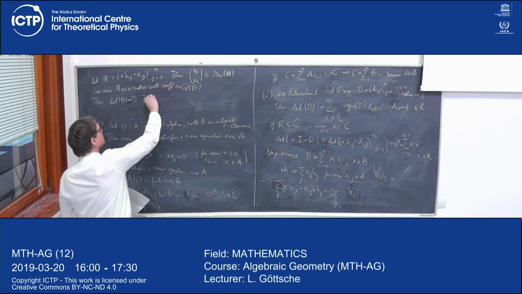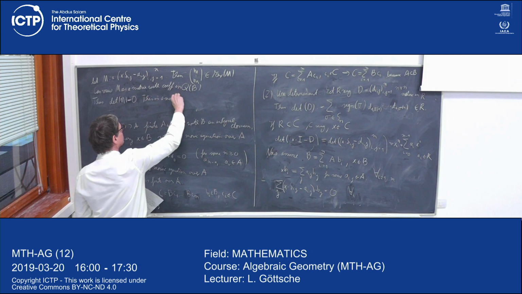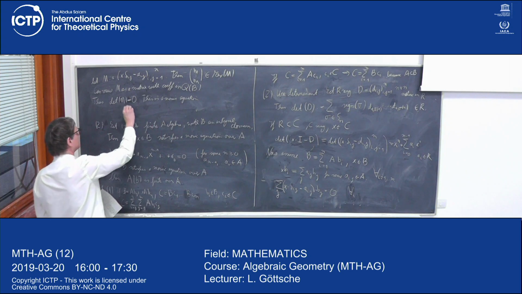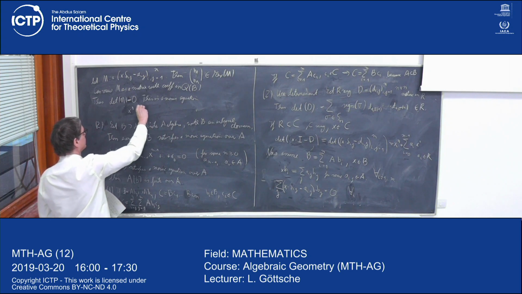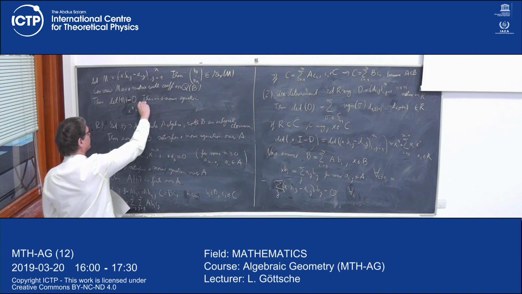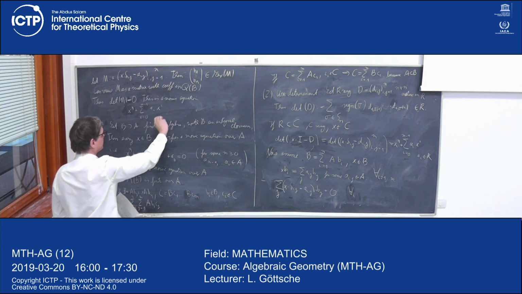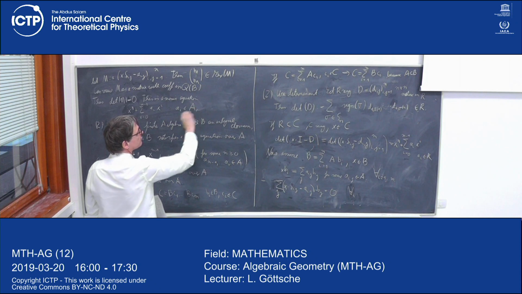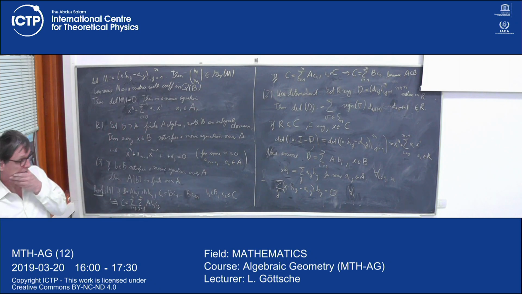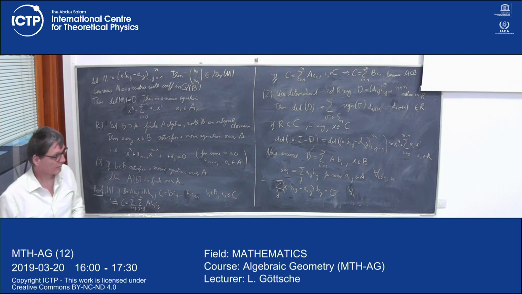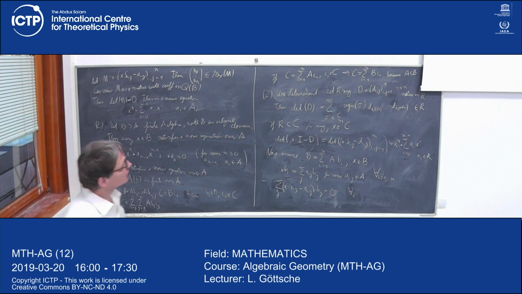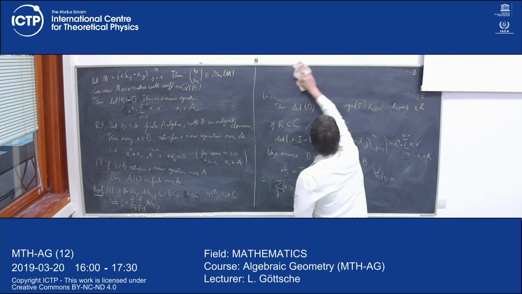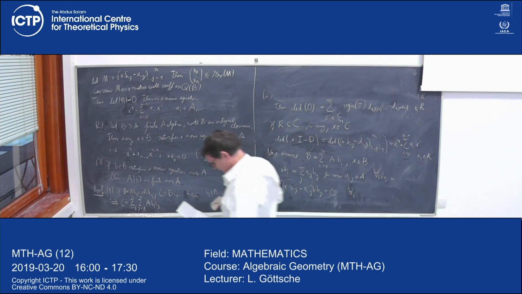So x to the n plus the sum over i equals 0 to n minus 1 of b_i x^i equals 0. So this shows this, and the last statement is obvious.